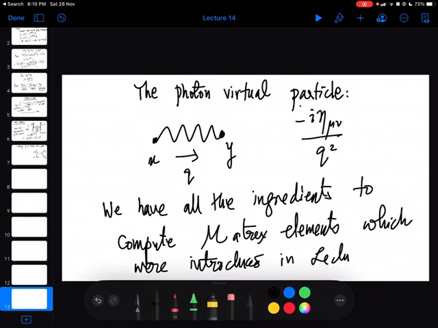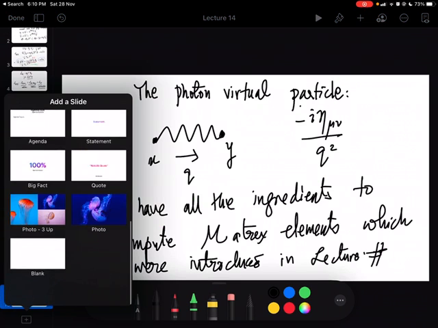I don't remember the exact lecture number, lecture 6 or 7, I don't know. We'll just leave it as it is right now, and fill it up later. So we have all the ingredients. Now all we need to do is to compute M.